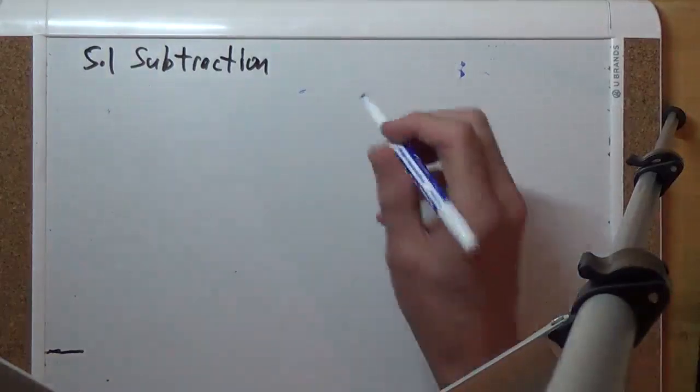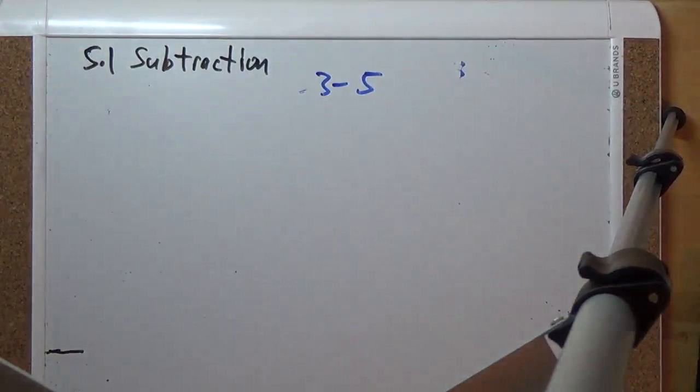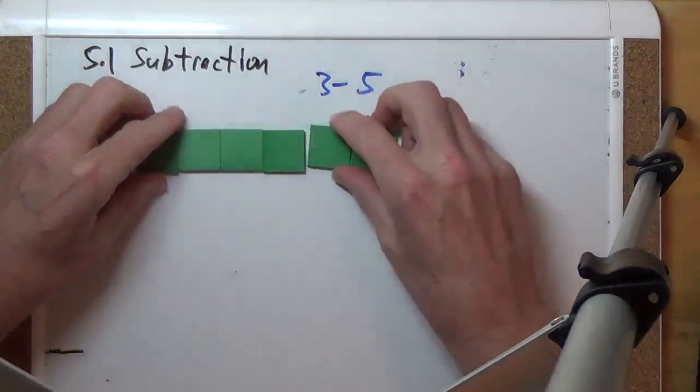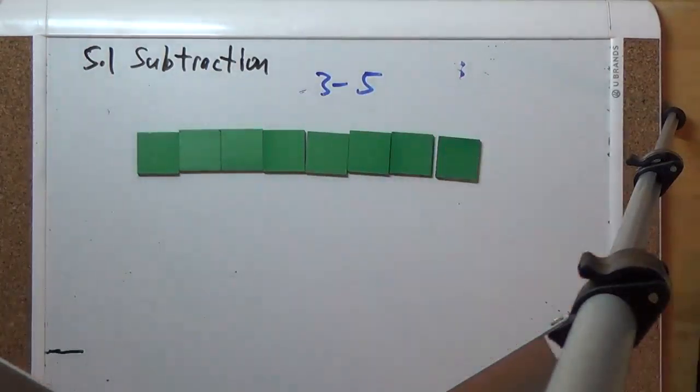So I still want to do 3 subtract 5. Okay, this is going to look like overkill, but I can use it for a while. Right now I have 8. I want to build 3.